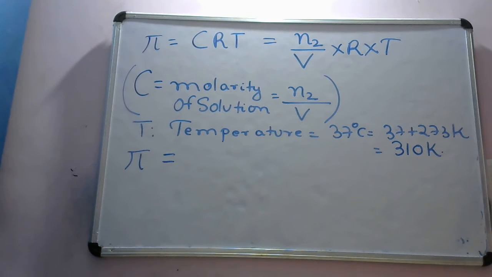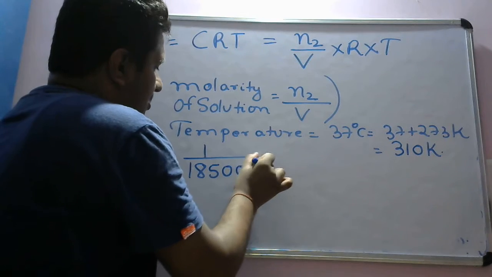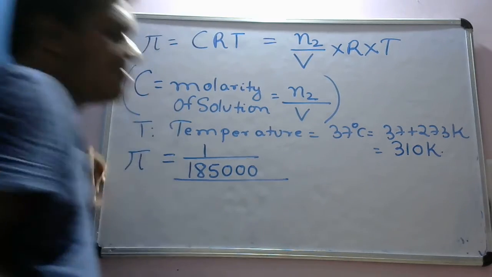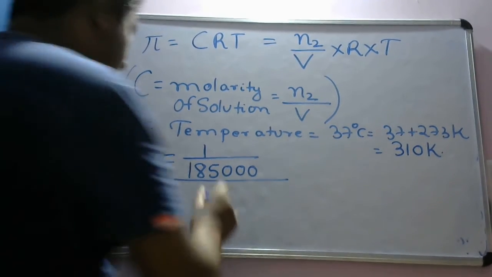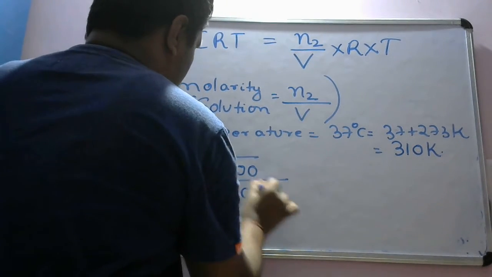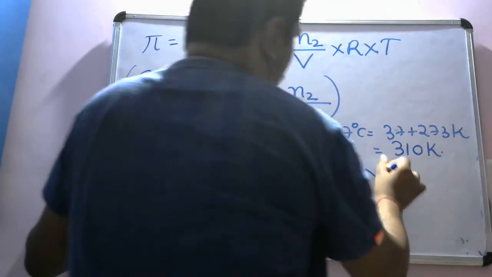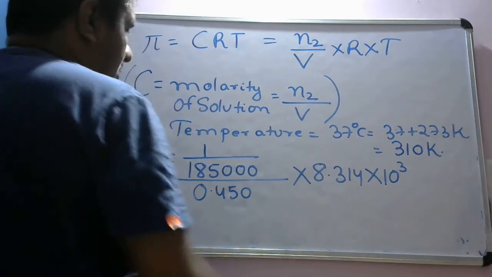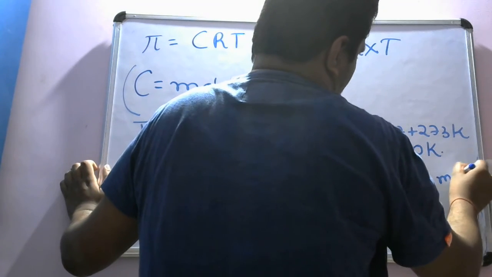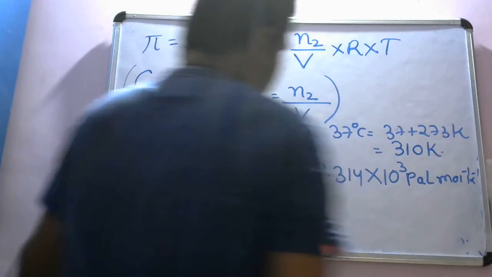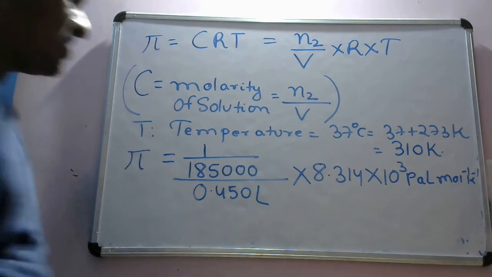N2, the number of moles of solute, is 1 by 185,000, given mass by molar mass, by the volume of the solution in liters, that we have found out, 0.450 liter, into R, which is 8.314 into 10 to the power 3 Pascal liter mole inverse Kelvin inverse, along with the temperature 310 Kelvin.